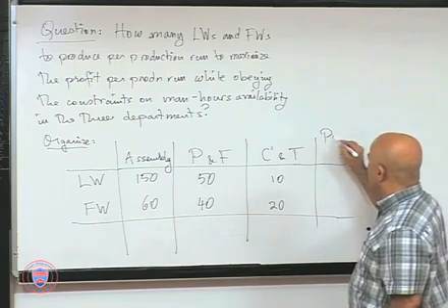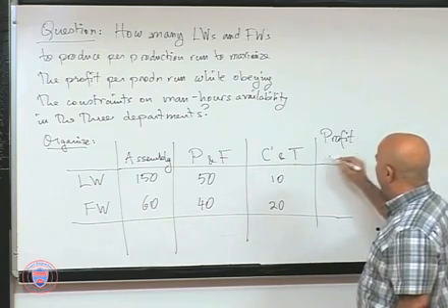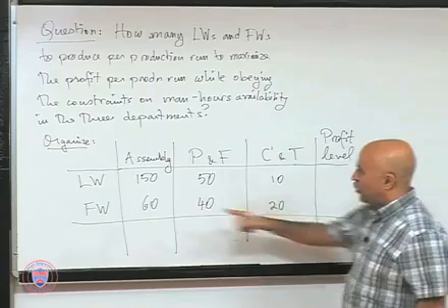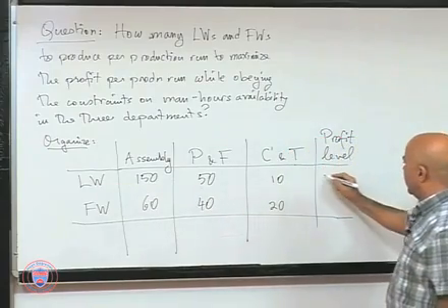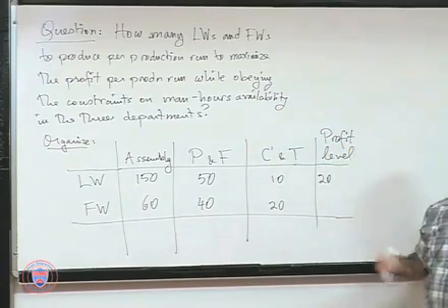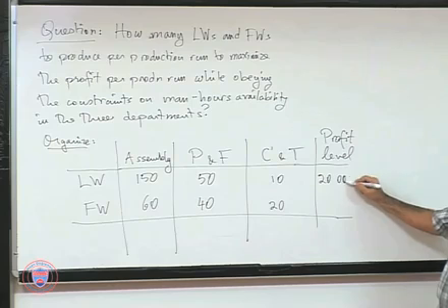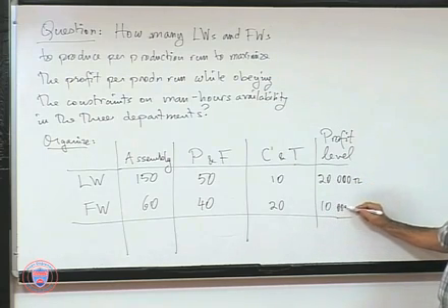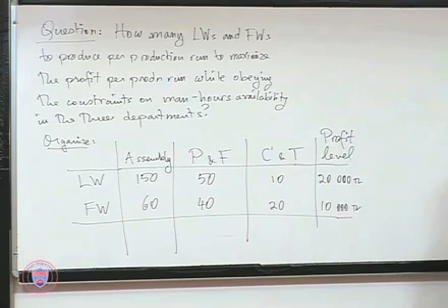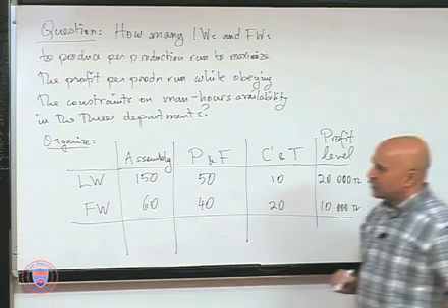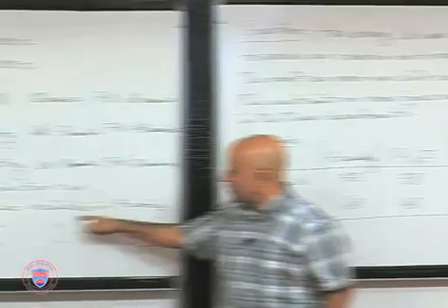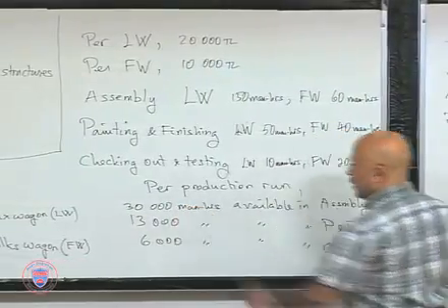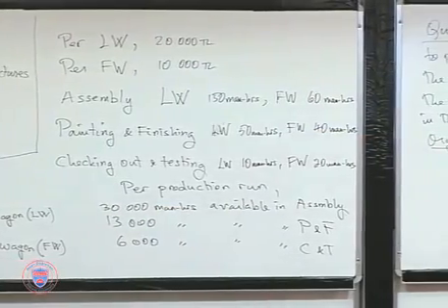Now, what's the profit level? Per Volkswagen, it's 20,000. So we have an extra column here, 20,000 Turkish liras. The other one is 10,000 Turkish liras. And you've got some availabilities in terms of man hours in each of the departments.